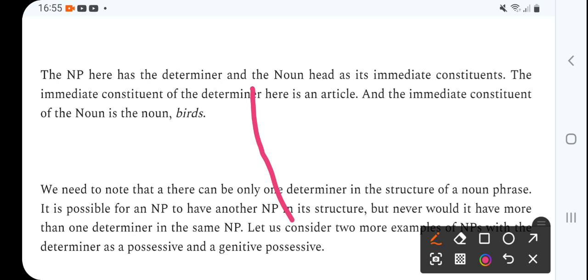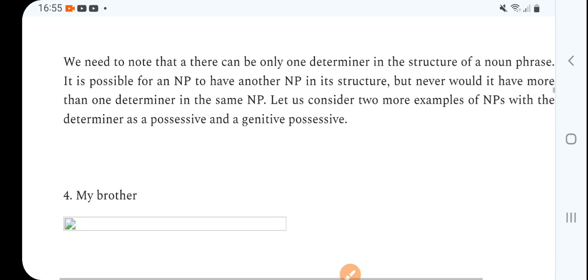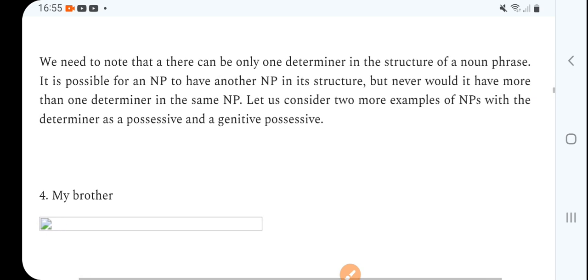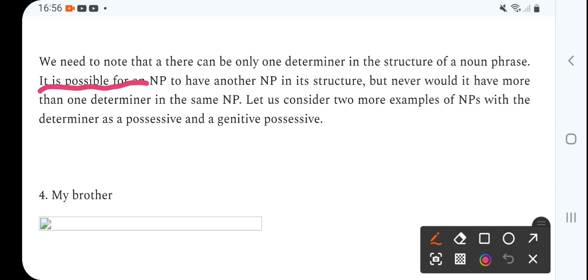We need to note that there can be only one determiner in the structure of a noun phrase. It is possible for a noun phrase to have another noun phrase in its structure, but never would it have more than one determiner in the same.